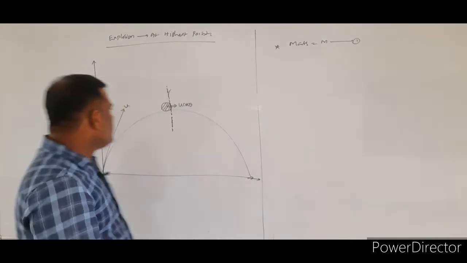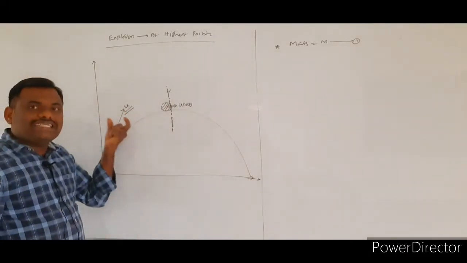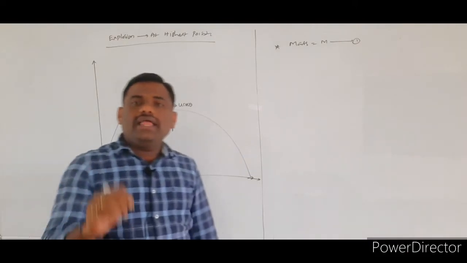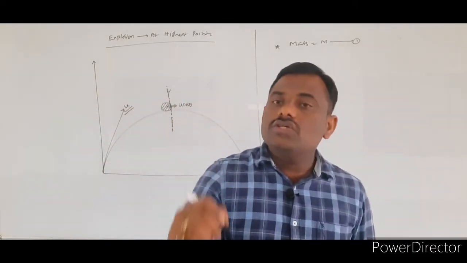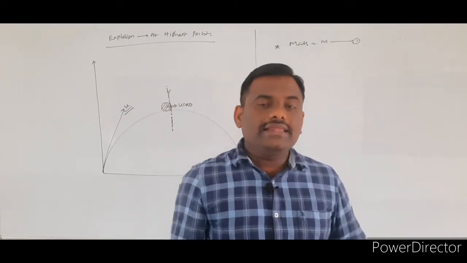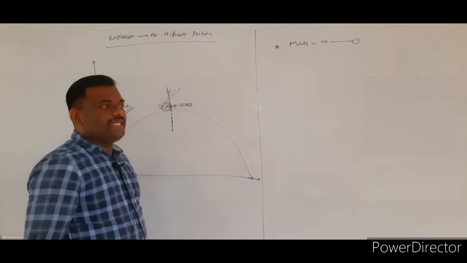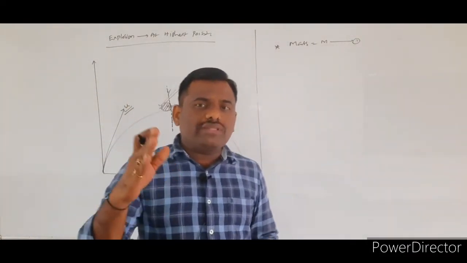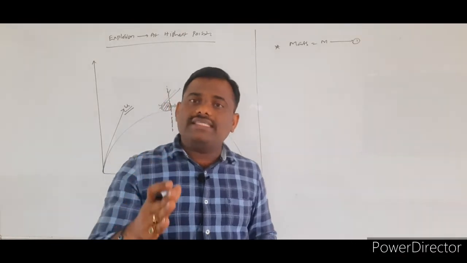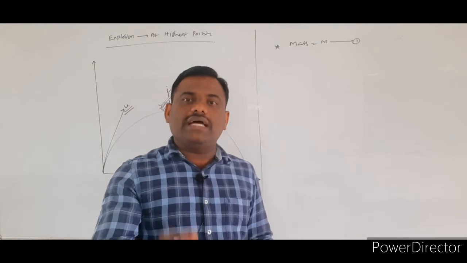Suppose we projected with initial velocity u. We can't treat u as the initial velocity of the shell in the case of the explosion. Which velocity do we consider? The explosion takes place at the highest point, so the velocity of the shell before the explosion is taken as the initial velocity.